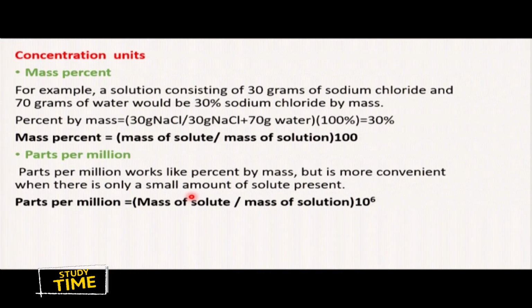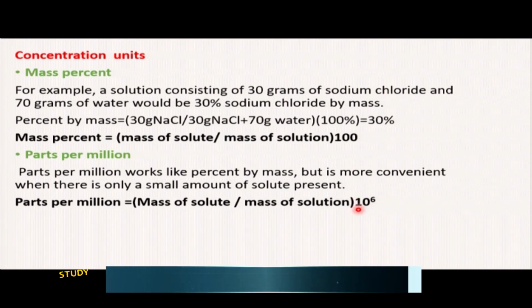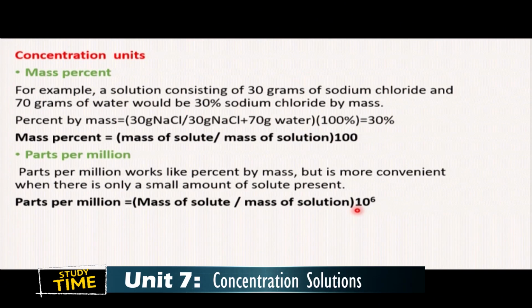We have to use parts per million. And the parts per million is the mass of the solute divided by the mass of the solution times a million, 10 to the power 6. That is parts per million.